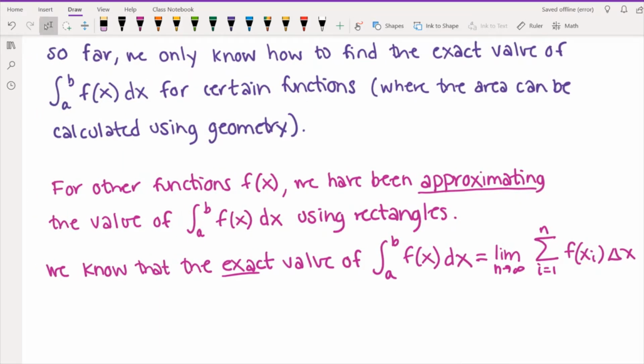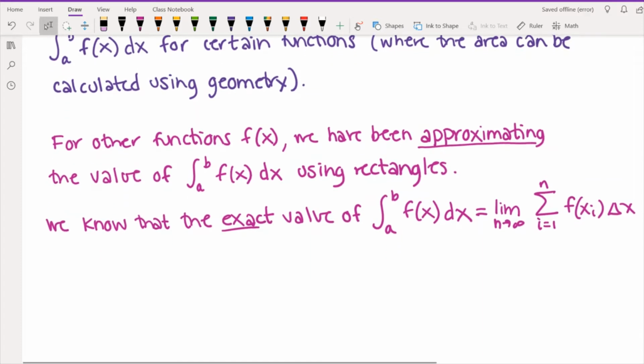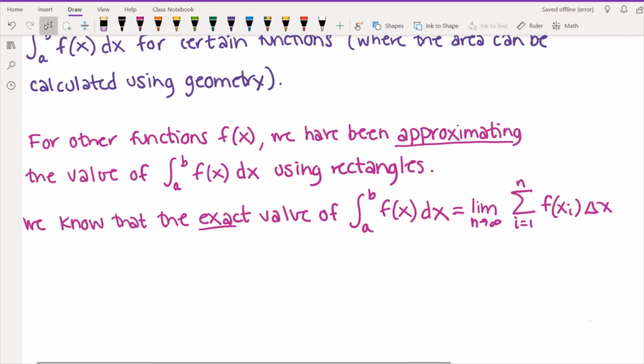However, that's not usually convenient to calculate. As I mentioned, in some Calc 2 classes, you'll spend a good amount of time working on evaluating limits like that. I've just found that, especially in a summer quarter, there isn't quite enough time to give that topic enough time to do it well. So that's why I don't spend much time evaluating these limits.